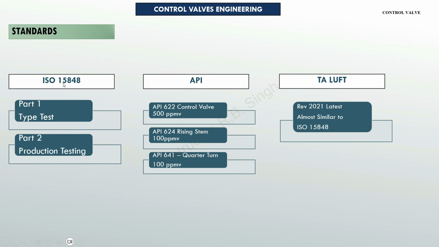ISO 15848 has two types of testing: type testing and production testing.